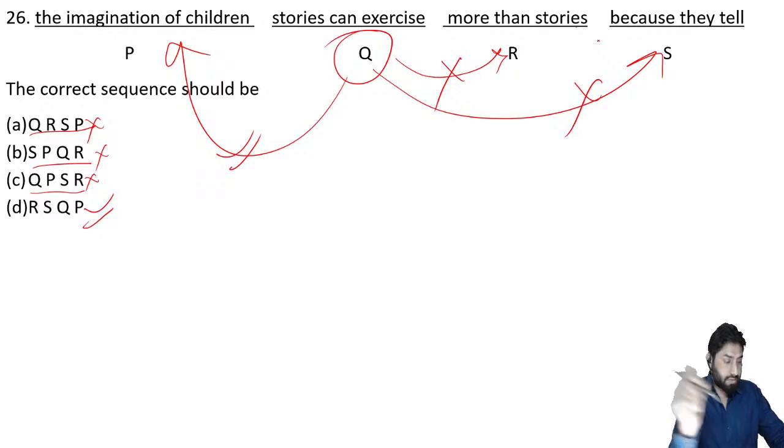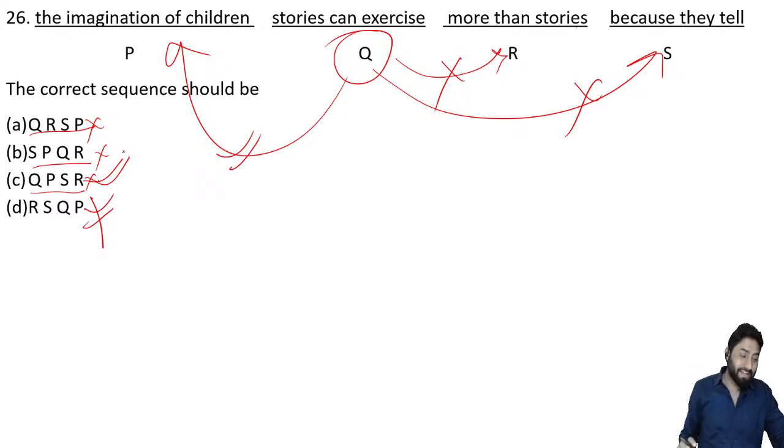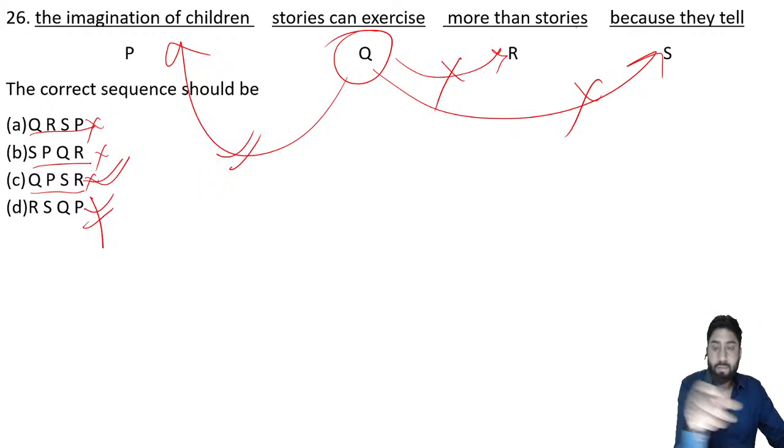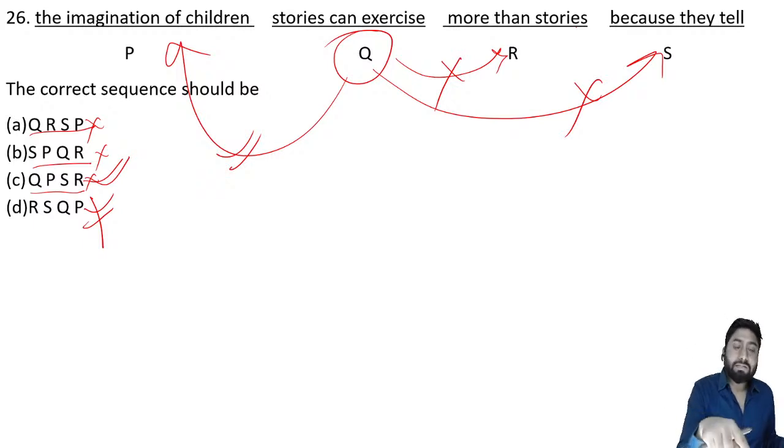Q P are there in the C. So stories can exercise the imagination of children, and then S because they tell more than stories. It's a little trickier. It's a little philosophical, that's how the meaning actually is. Because of this, you might have a problem sometimes. You might be a little intrigued how that can be. But after seeing all the parts, stories can exercise is actually the starting of the sentence and that does not go well with R and S.